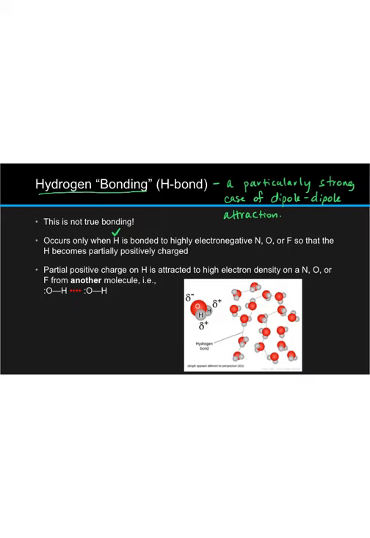This attraction between water molecules occurs because hydrogens on one molecule are attracted to oxygens on another. And this attraction reverberates throughout the microscopic structure of water itself. And again, hydrogen bonding only ever occurs when hydrogen is bound to nitrogen, oxygen, or fluorine.